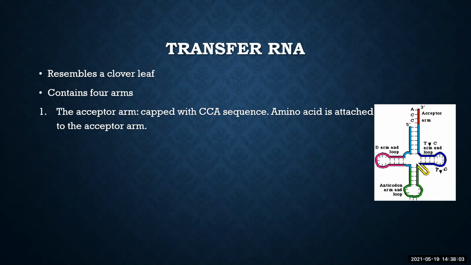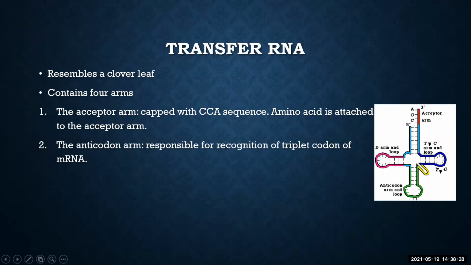That's why it's called transfer RNA. So the component within the tRNA molecule that is responsible for attachment of amino acid is called the acceptor arm. So this attaches the amino acid and it adds amino acids into the growing protein chain.